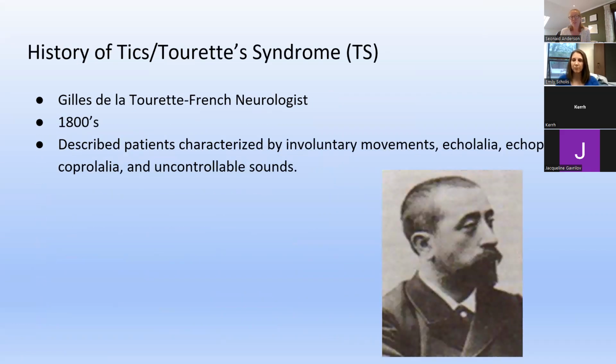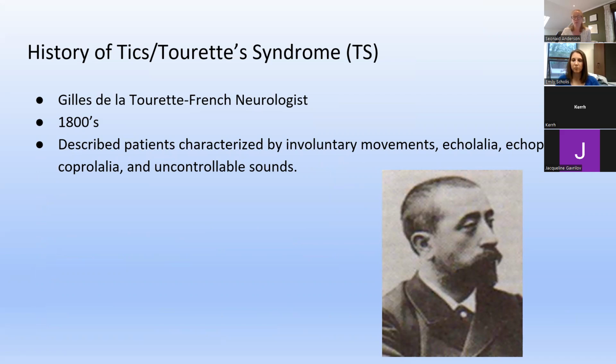So first of all, the history: where did this name come from? It came from a French neurologist in the 1800s called Georges Gilles de la Tourette, and he worked in Paris under a famous doctor called Charcot. He described patients characterized by involuntary movements, echolalia, coprolalia, and uncontrollable sounds.